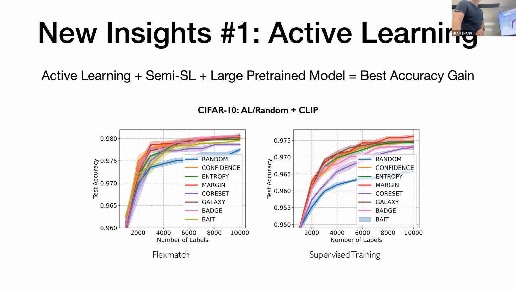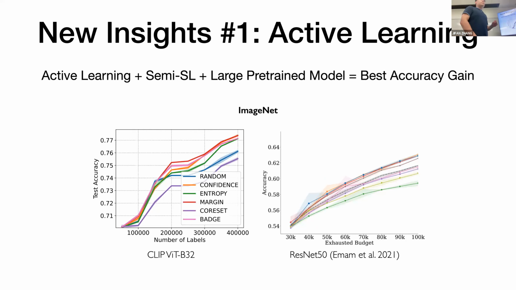What is FlexMatch? FlexMatch is a semi-supervised learning algorithm. So comparing these two plots says semi-supervised learning is important. Comparing any line with random says active learning is important. And if you look at experiments on ImageNet, this is our result using the CLIP model, versus using ResNet 50, obviously.